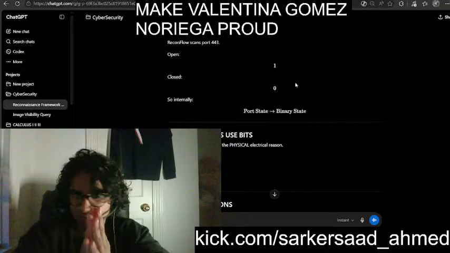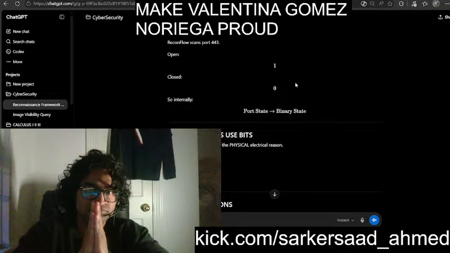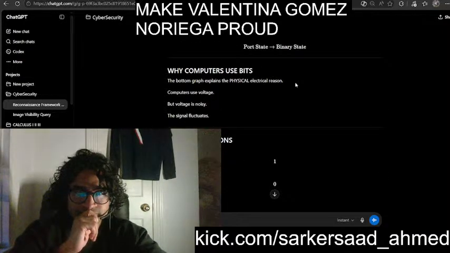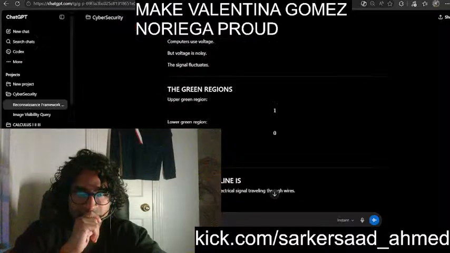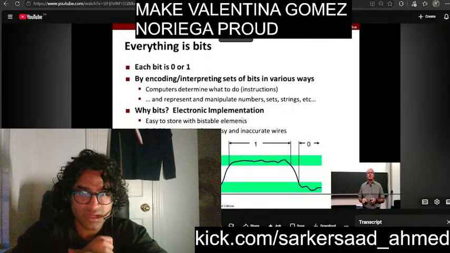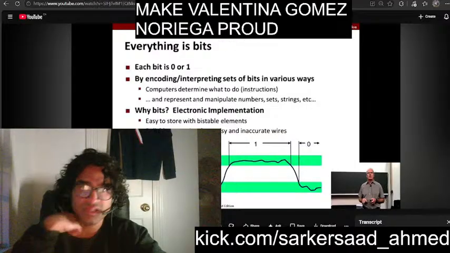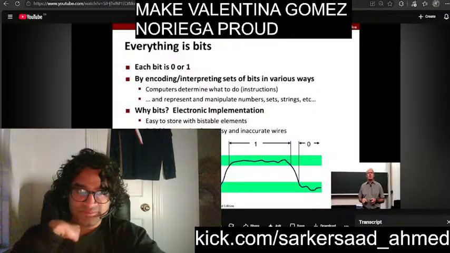Okay, so you said the port state will be a binary state. How can the port state be a binary state? Okay, you said that the upper green region is 1 and the lower green region is 0. The middle region is uncertain.